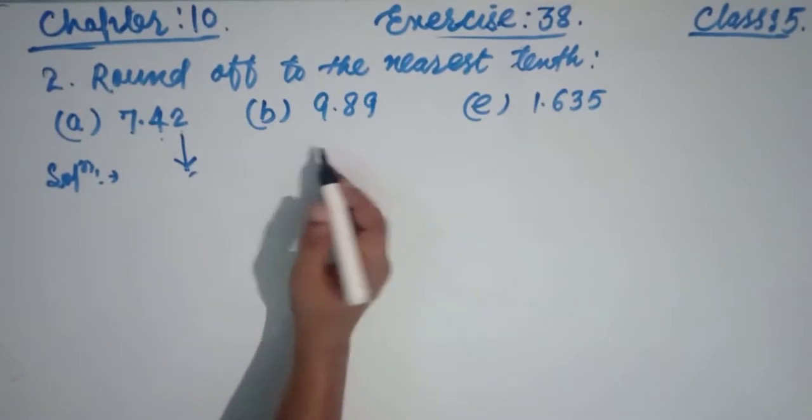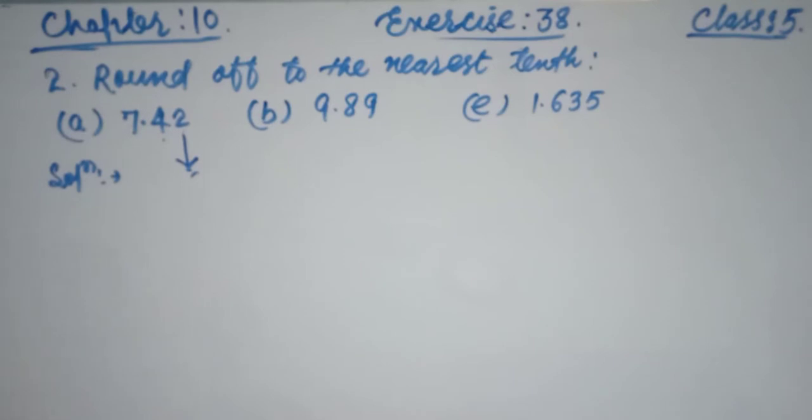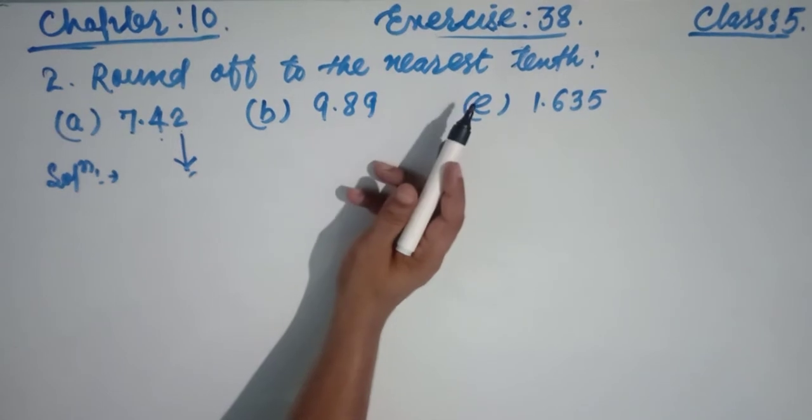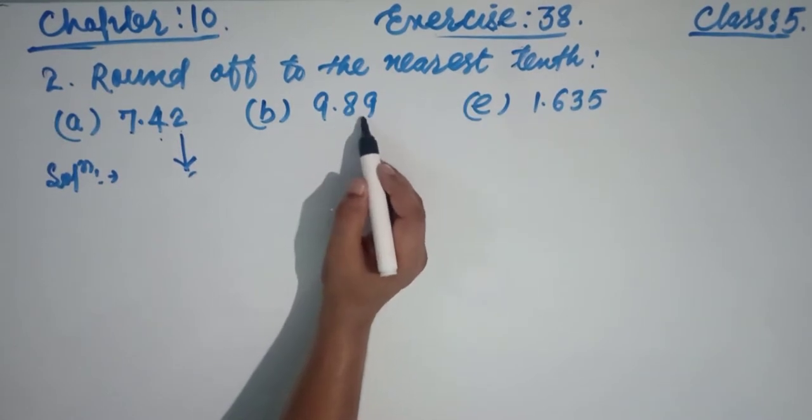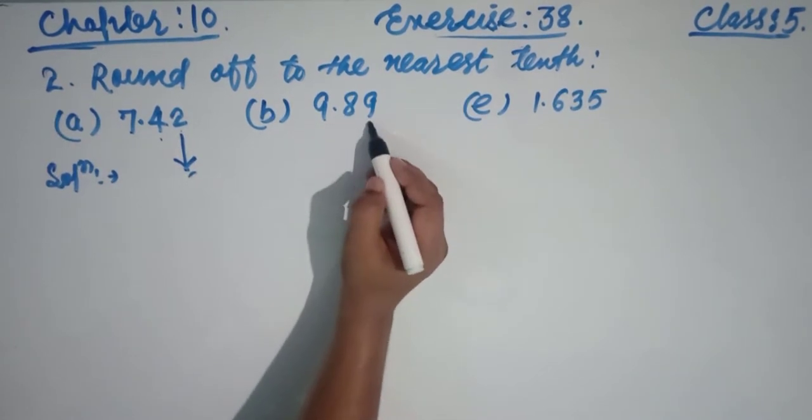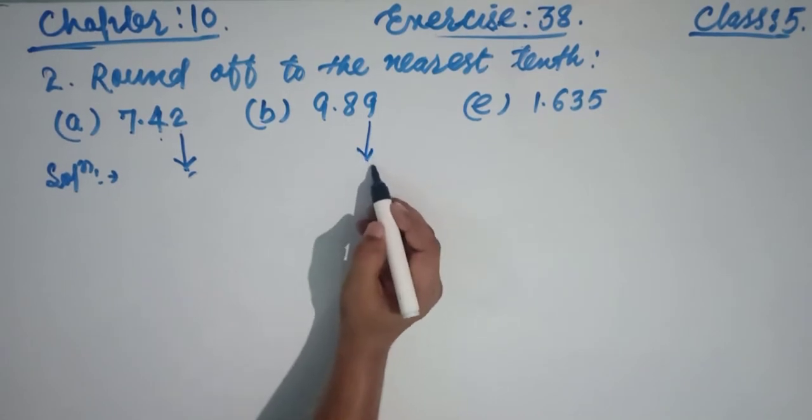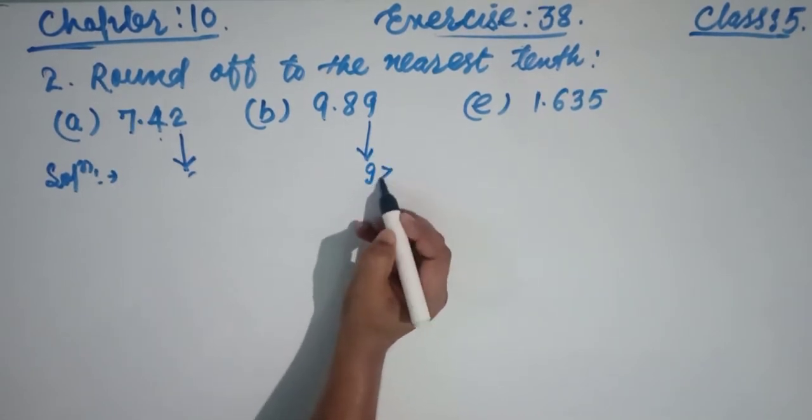Now see, friends, this is 9.89. This is sub-question B. Look at the nearest 10th. So here is the 10th, and we have to see the 100th digit. This 100th digit, 9, is greater than 5.